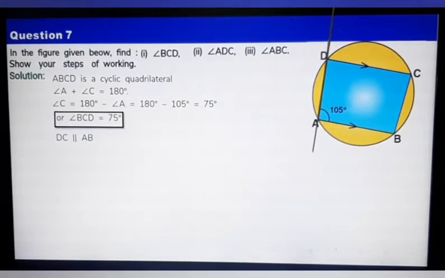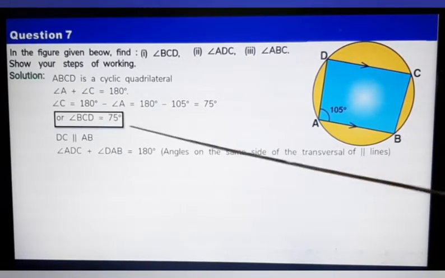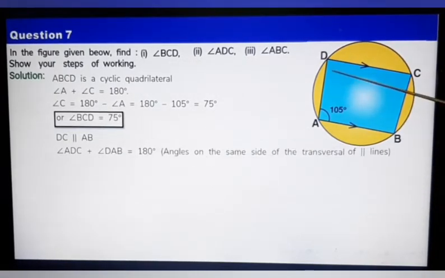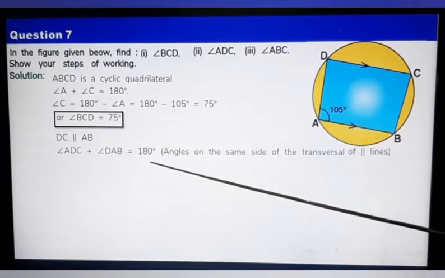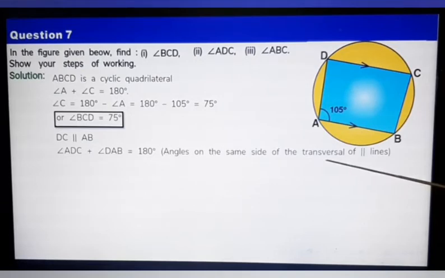The angles formed by this transversal are this and this, and when they are added you get 180 degrees. So ADC plus DAB, when added, gives 180 degrees, because they are angles on the same side of the transversal of the parallel lines.